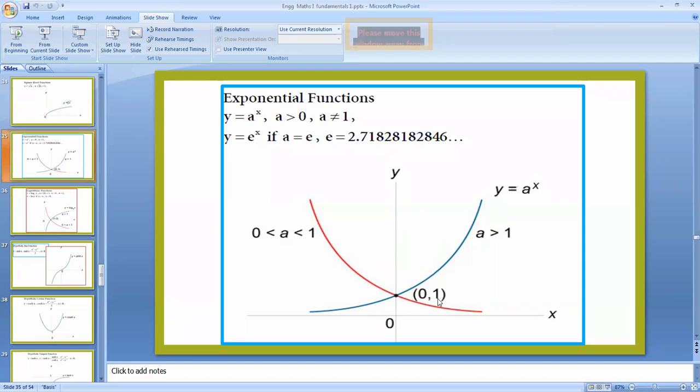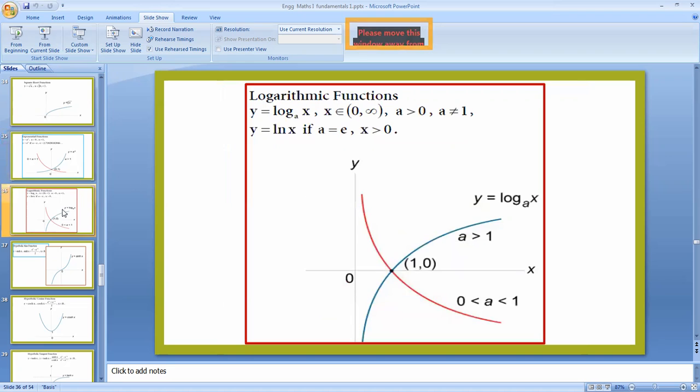But a should lie in between 0 and 1. So this is the graphical representation of exponential functions, that is, the index function, we can say.